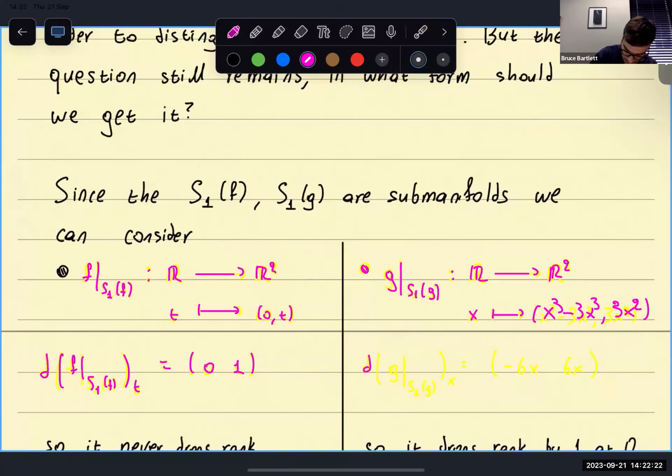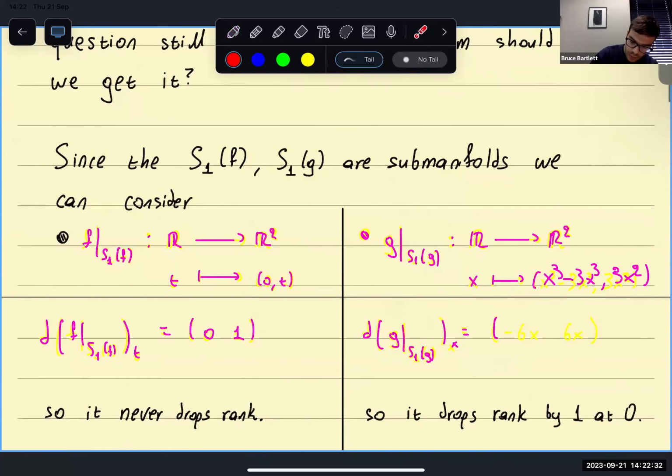So what is the differential of this map? This here is just minus 2x cubed, so we get minus 6x squared, and we get 6x.